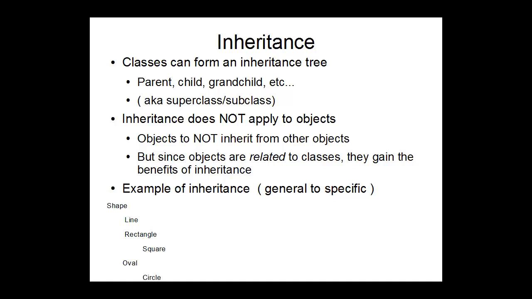And then square might be a subclass of rectangle, and circle a subclass of oval. So in this case, the inheritance tree is going from a general class, shape, to a more specific class as you go down the tree. That's a pretty common way of doing inheritance, but you don't have to go from general to specific. It doesn't have to follow that logic.